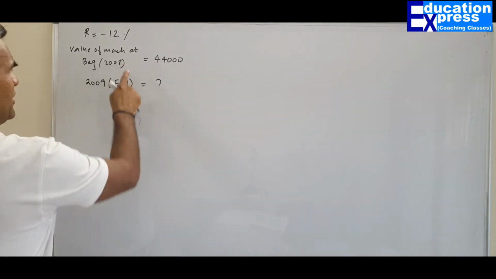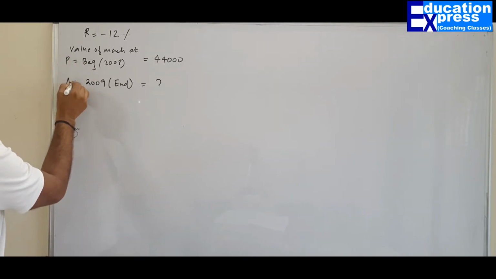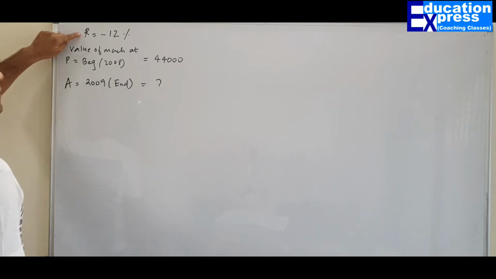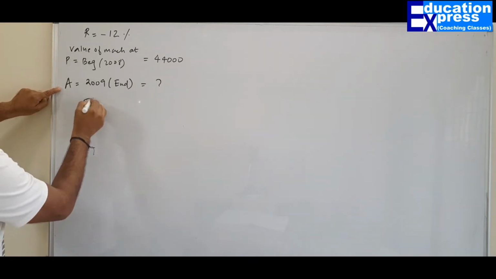This is the start, this is the end. Start is always a principal, end is always an amount. So basically, rate is available, principal is available, amount is to be found, and time we have to find.